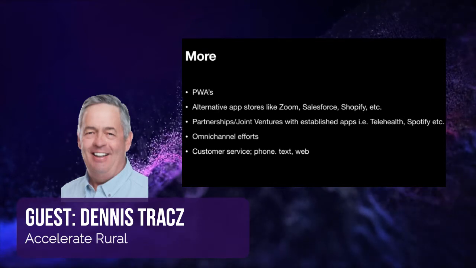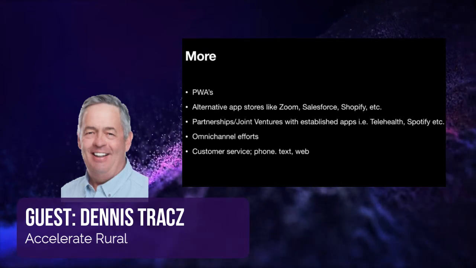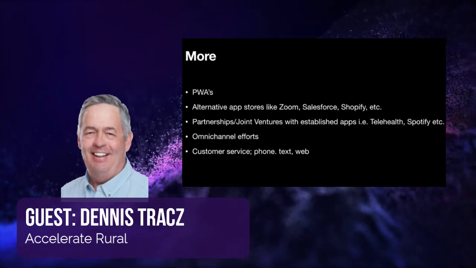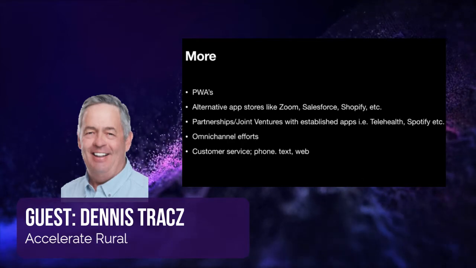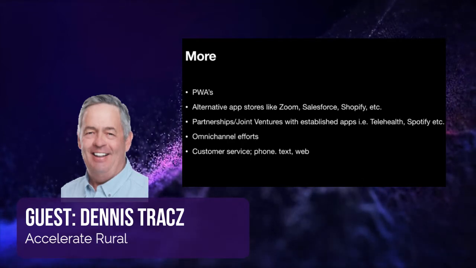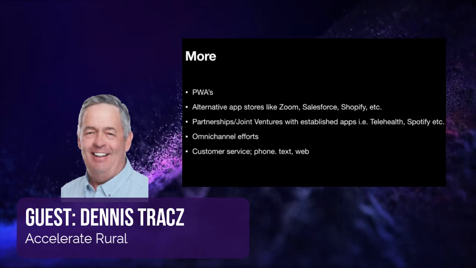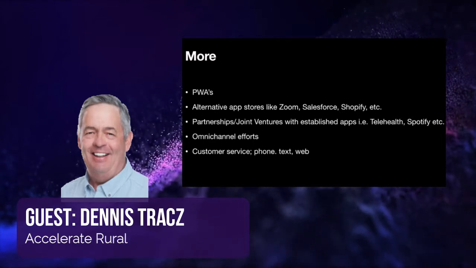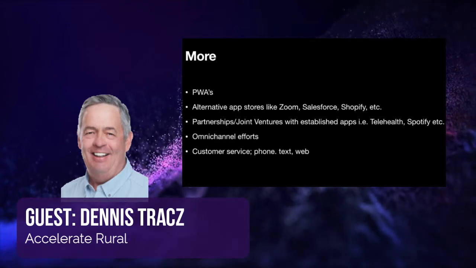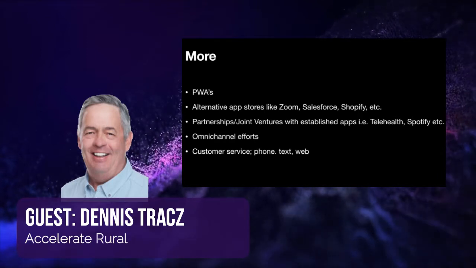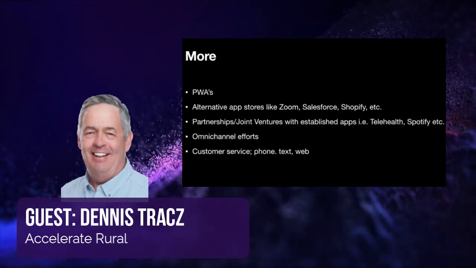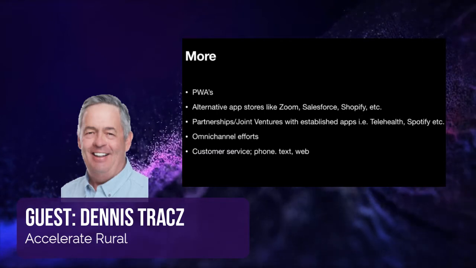And the first one, you may have heard this term and wondered what it was, but PWAs is a really coming on strong format, if you will, for apps, and it stands for Progressive Web Apps. This is a technology that's been promoted by Google primarily, and what it does is it basically provides an app experience, but it uses the web rather than a dedicated app.